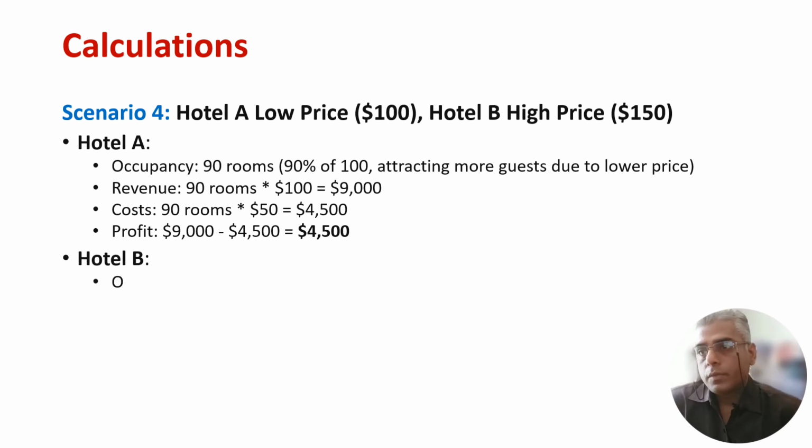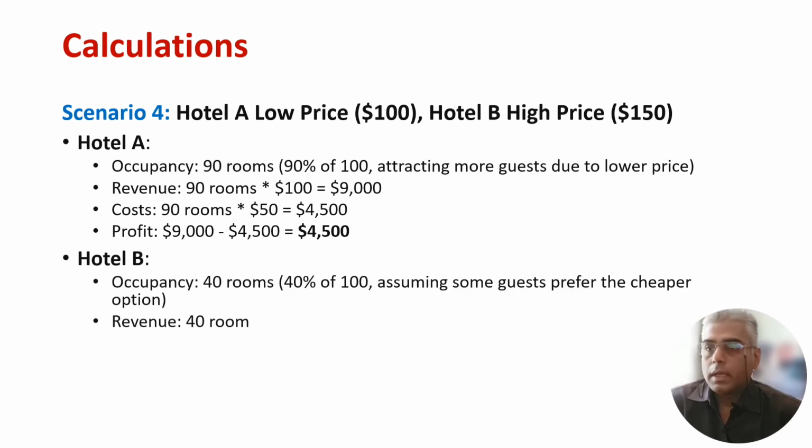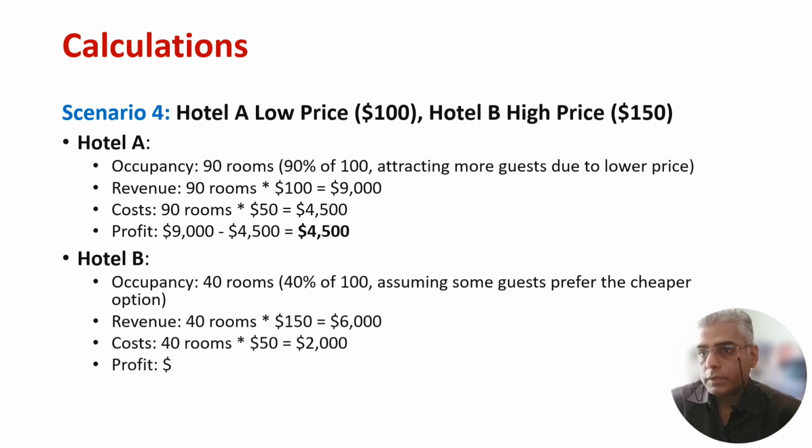Just the opposite, hotel B has an occupancy of 40% and a revenue of $6,000. The cost it would incur would be $2,000, and therefore it will be doing a profit of $4,000. As we can see, this is just the opposite scenario, wherein hotel A is pricing itself lower, getting a higher profit. Hotel B is pricing itself higher and getting a lower profit.